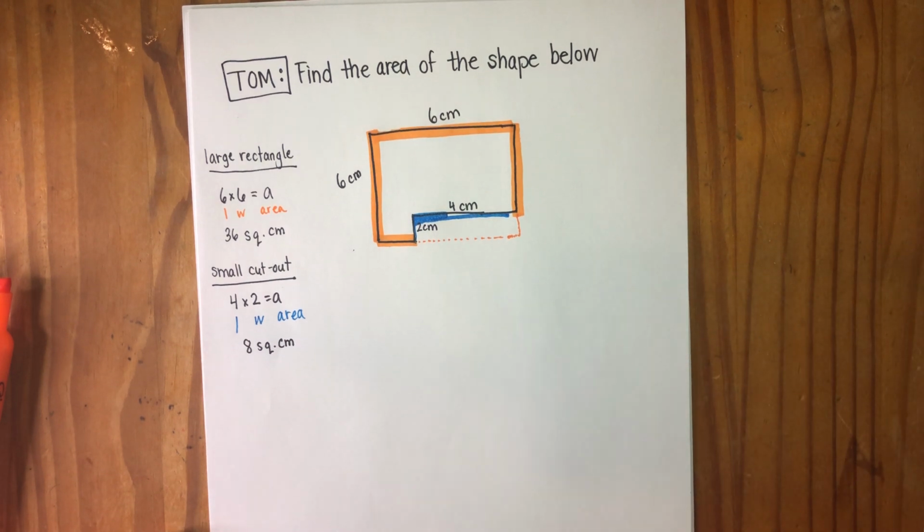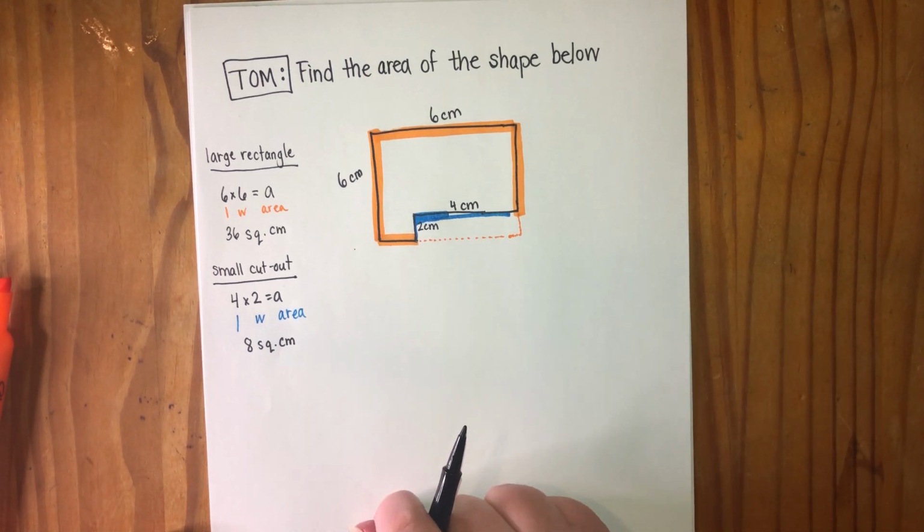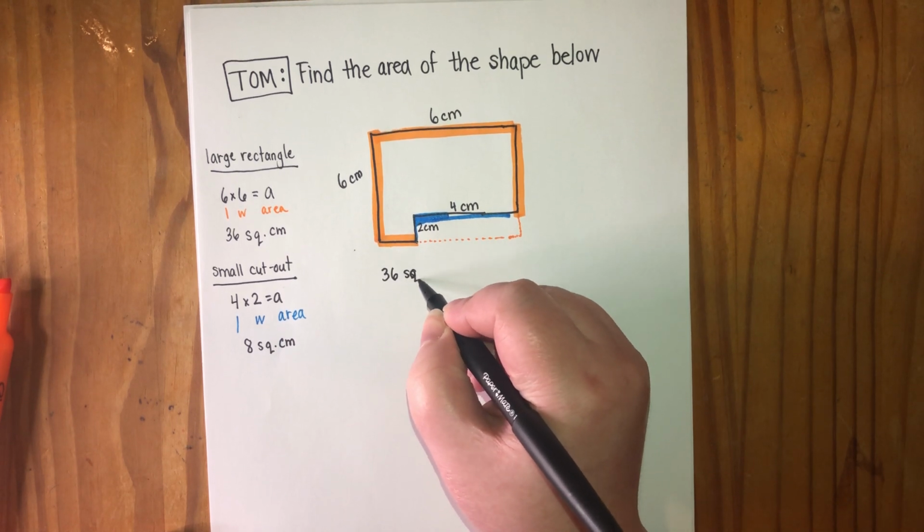Wonderful. How did you find the area of the original shape? Say it out loud. Good. We know that the larger rectangle has an area of 36 square centimeters.